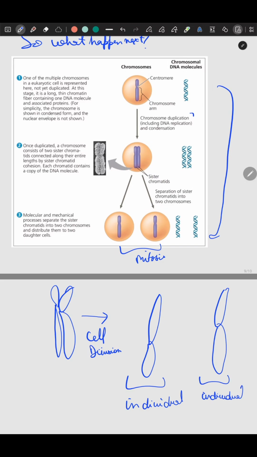The individual chromosomes and the new nucleus in these cells receive chromosomes which are identical, meaning nearly the same as the parent.